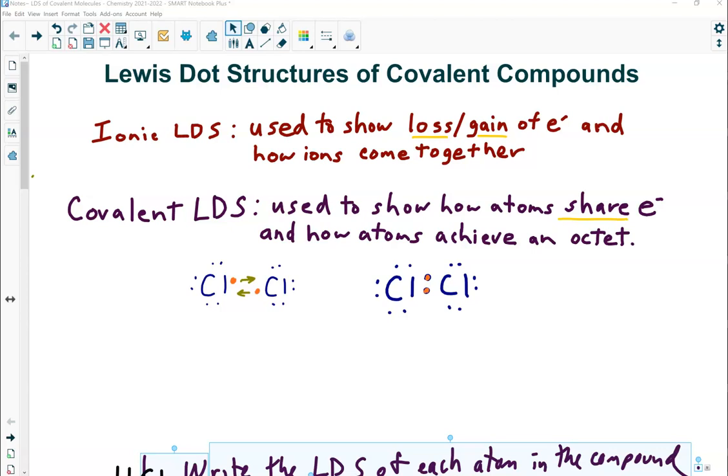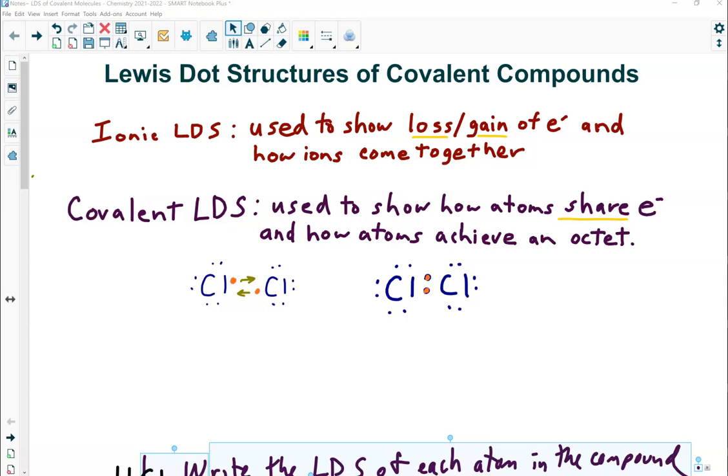So for the next couple of days, we're going to concentrate on writing Lewis dot structures for covalent compounds. To contrast that with what we've just learned, rather quickly, ionic Lewis dot structures show how the cation loses the electron and where the anion sticks that electron it gains, and then how they come together as oppositely charged ions, written in brackets and all that beautiful stuff, right?